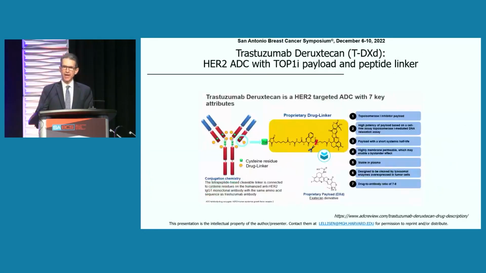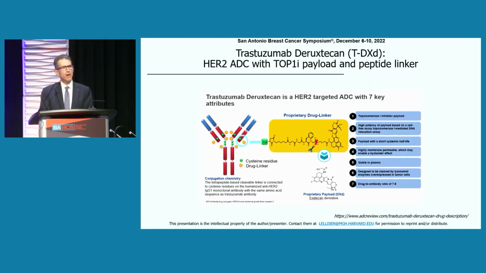We can contrast that, as we've heard, with trastuzumab deruxtecan, about which we heard such exciting data this morning. Trastuzumab deruxtecan targets HER2, and has a linker that is cleavable, a tetrapeptide structure, but typically cleavable only upon intracellular processing.